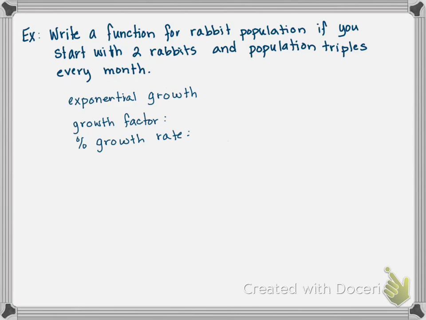It's just the factor that we multiply by repeatedly, which is what? Just 3. It's 3, right? I mean, if it triples, how do you triple 2? You multiply by 3, right? And then you triple that by multiplying by 3 again. What's the percent growth rate?